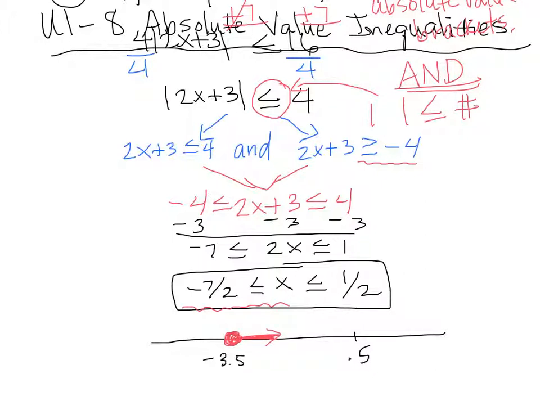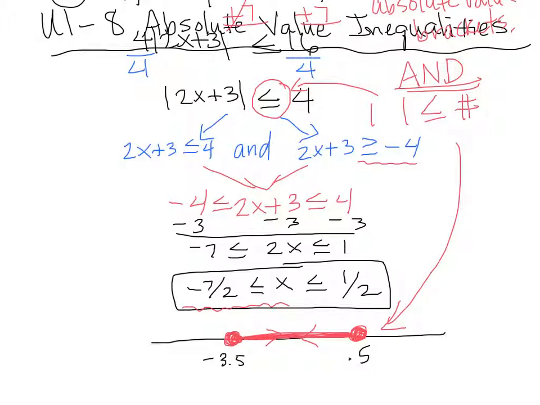And x needs to be less than or equal to the 0.5, the 1/2. So a closed circle and less than. Notice those two intervals will overlap here in the middle, and that section is our final shading. So that is the graph that goes with these kind of and category absolute value inequalities.